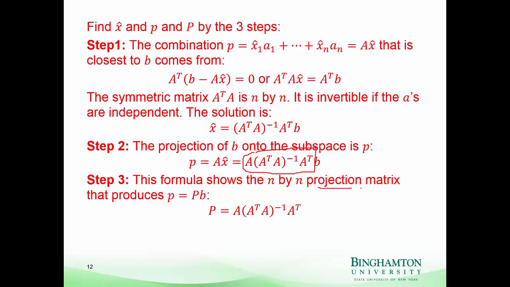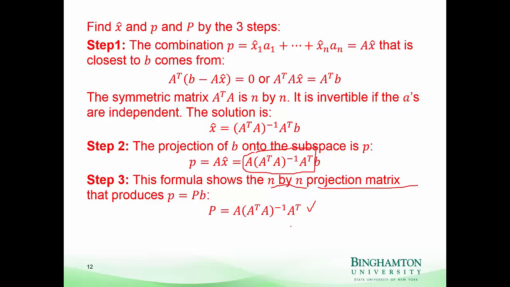Well, isn't that the definition of a projection matrix? Yes, it is. So what is our projection matrix? There it is. And we claim that that is an n by n projection matrix. And you can work out the dimensions of that. And you should also guess that the rank of this matrix P is, can you guess?